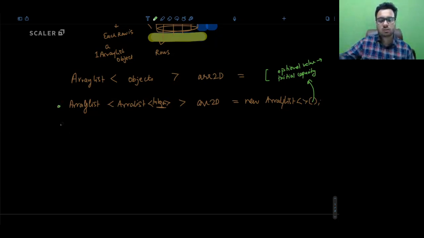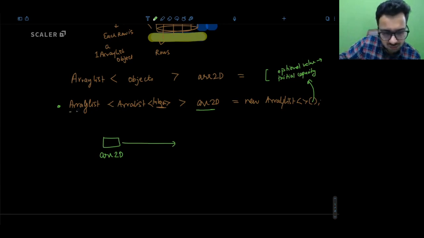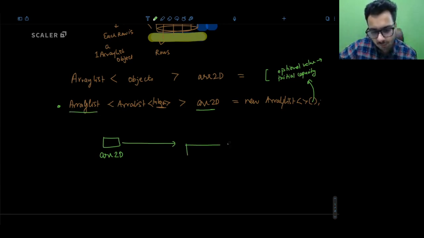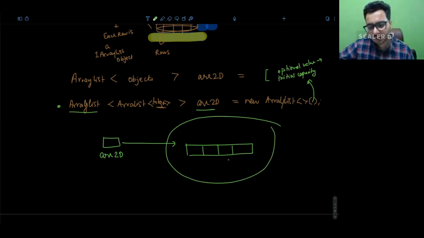So what is this array 2D? Let's look at this. Array 2D is a variable that is holding the address of this array list. Currently I don't know any size, so by default, let's say the capacity is 4.